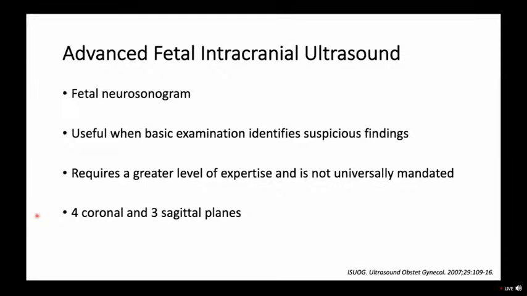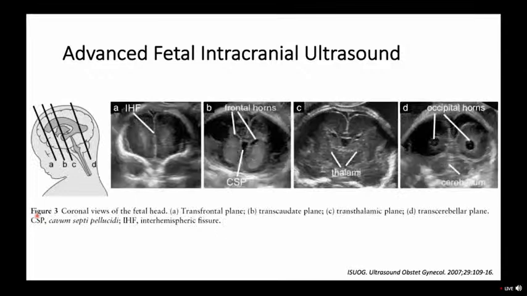This advanced fetal intracranial ultrasound, they use a fancy term called fetal neurosonogram. This is not something that necessarily needs to be done on every single patient, but if there is an abnormality in a transverse plane, then we should be moving on to these extra planes. There are 4 of them for the advanced coronal images.